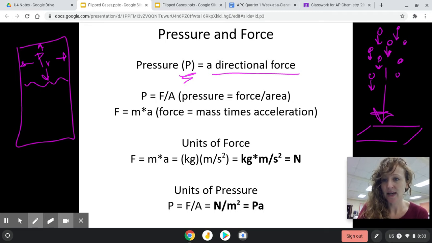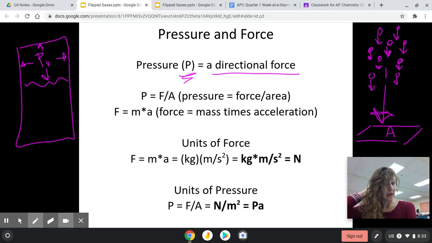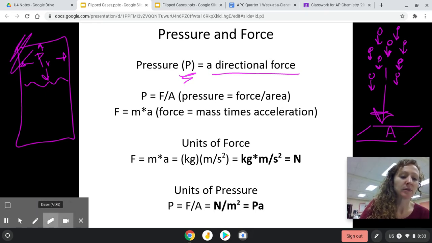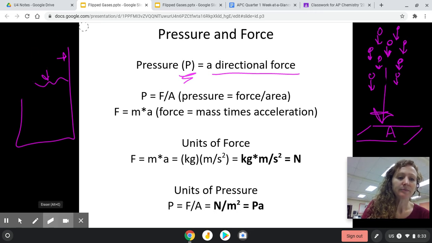That would be the force. And then the pressure is measured over a specific area. And we talked about the ice skater before. If we have a person, let me erase this real fast.